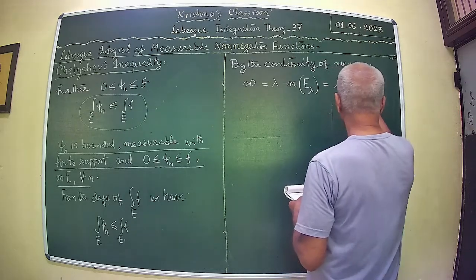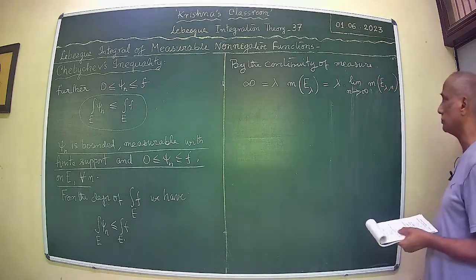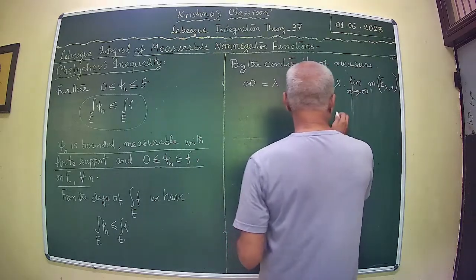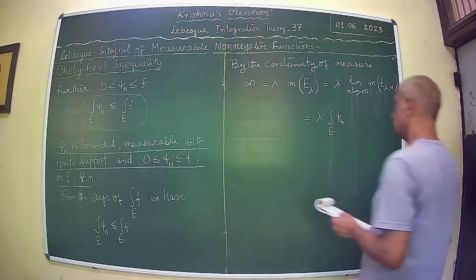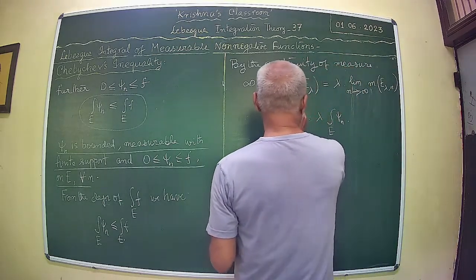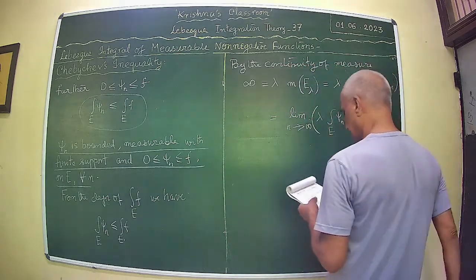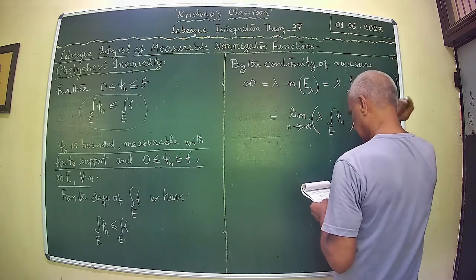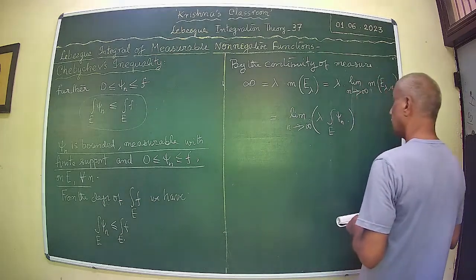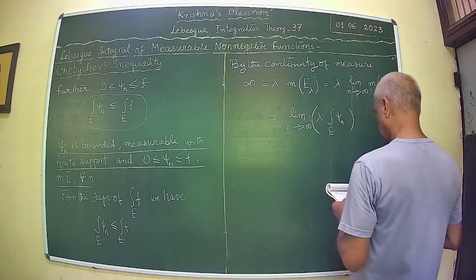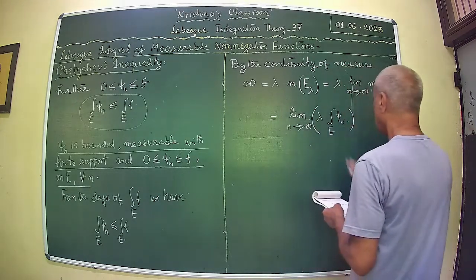n tending to infinity of measure of, and that is lambda into integral over E psi n. And so what you have is equal to the limit, and that, because lambda we are keeping fixed, and this is of course... sorry, there won't be lambda here.